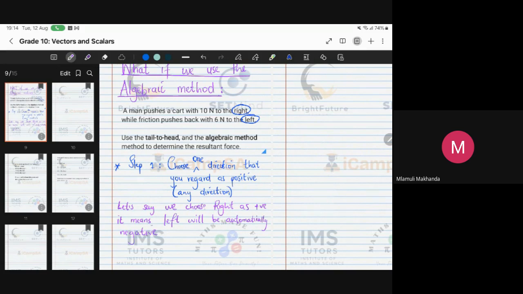If you choose left, it means right will be automatically negative. If you choose right as positive, it means left will be automatically negative.